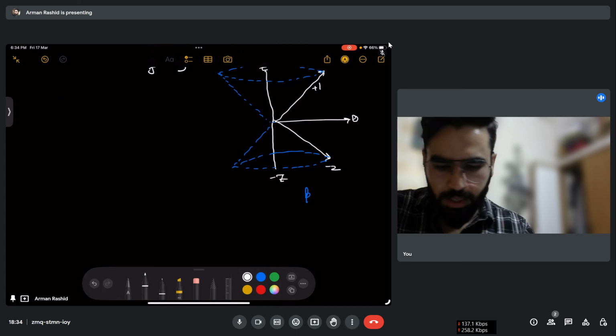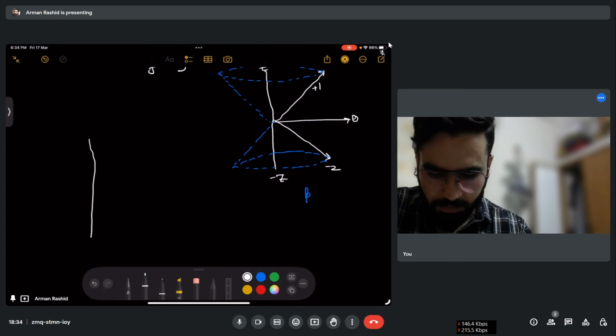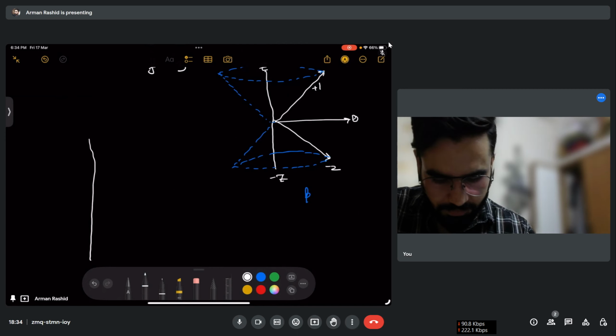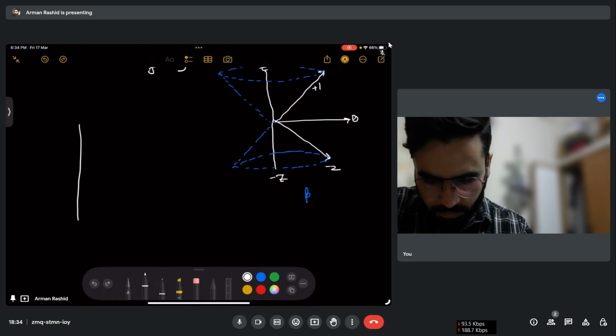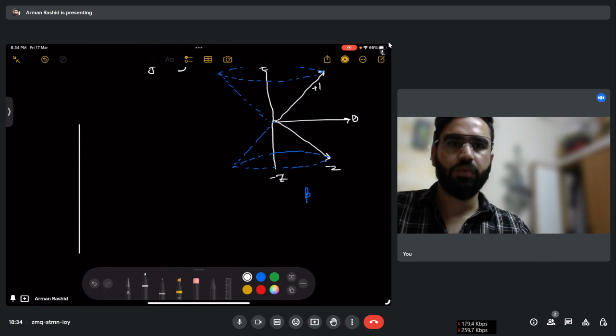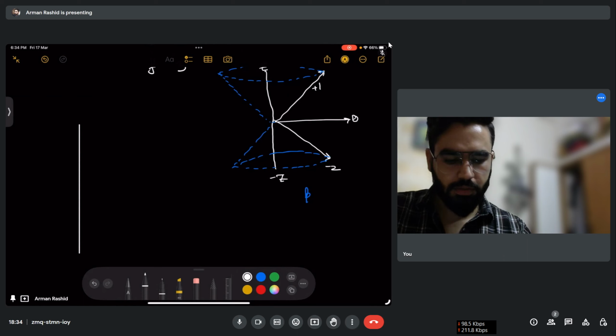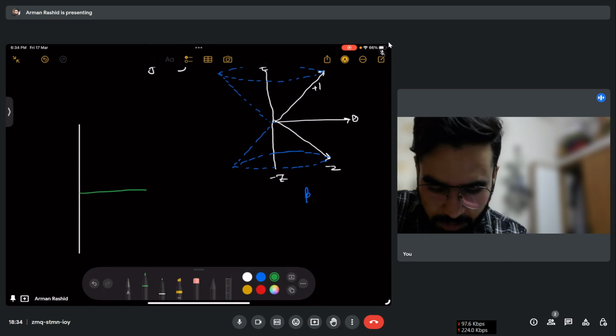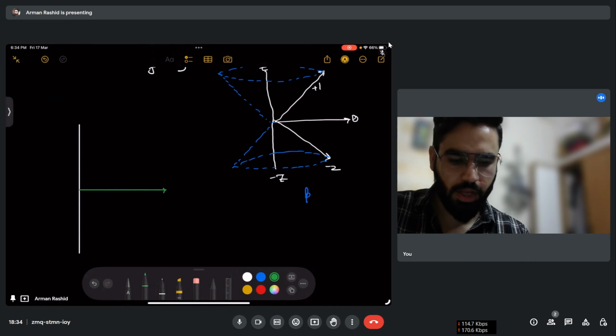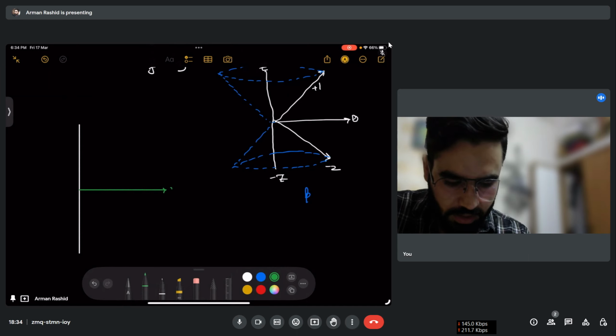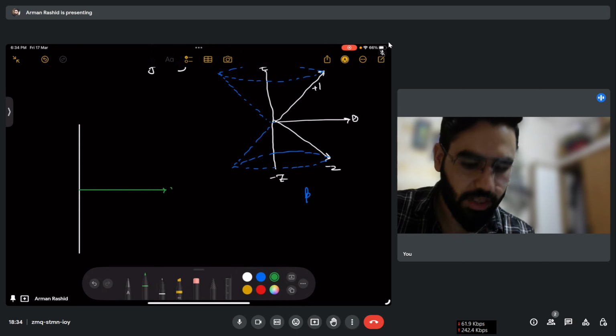Now if I make the d orbital, for the d orbital we have 5 orientations. The first orientation I'll make is this, when the value of ml is 0.